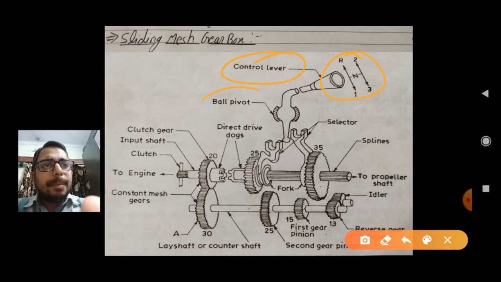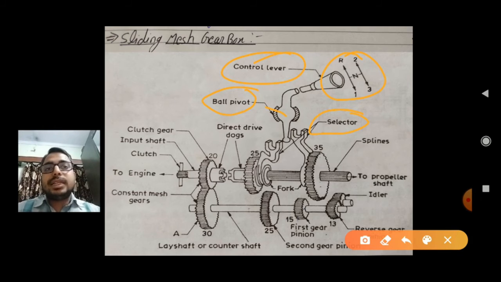This is the ball pivot system, on which sliding of the control lever occurs. Further you see here the sectors, and a U-type hook, to which the pivot ball or control lever is attached, and sliding of the gears takes place.